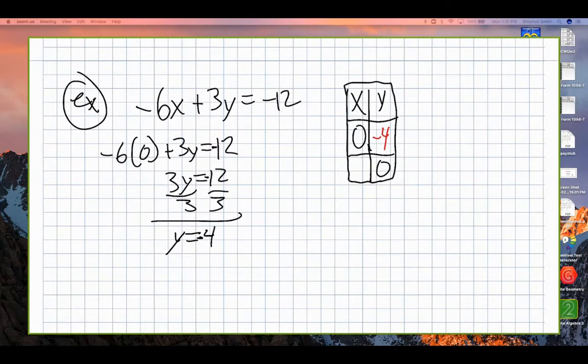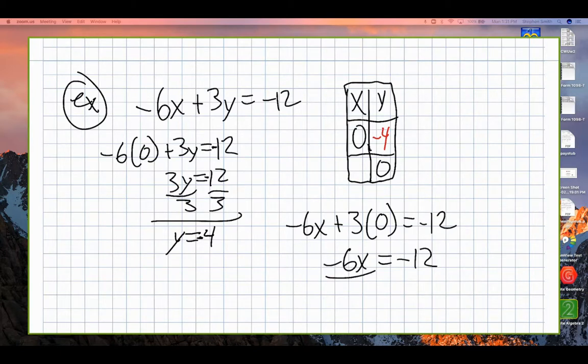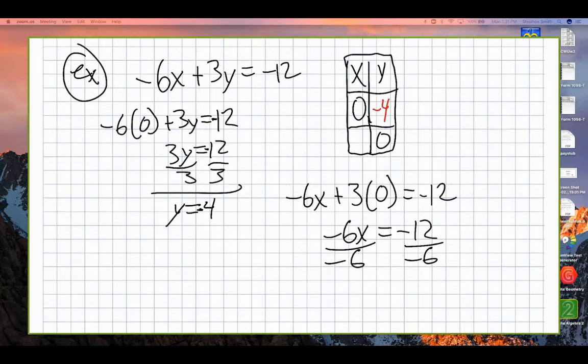Second solving here, we've got negative 6x plus 3 times 0, this time the y value is 0, equal to negative 12. This is negative 6x equals negative 12. Divide both sides by negative 6. X equals 2.